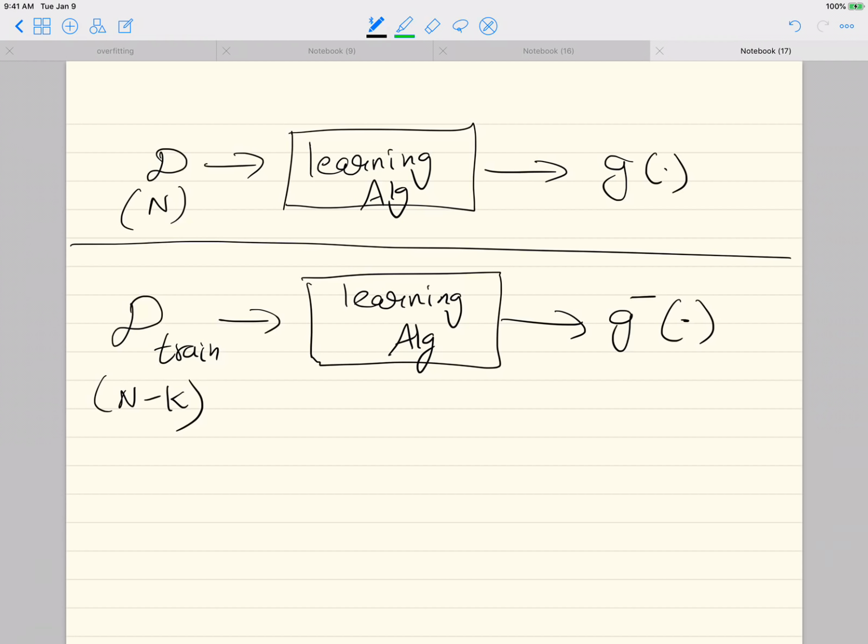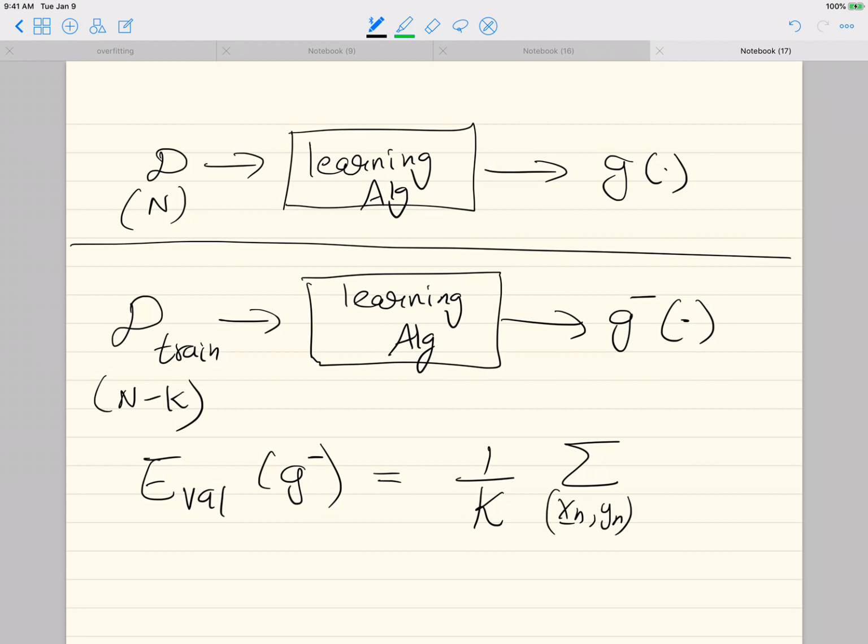Now what we do is we compute Eval of G minus, the validation error associated with G minus, which is 1 over K summation over all data points in Dval of E of G minus of Xn and Yn.